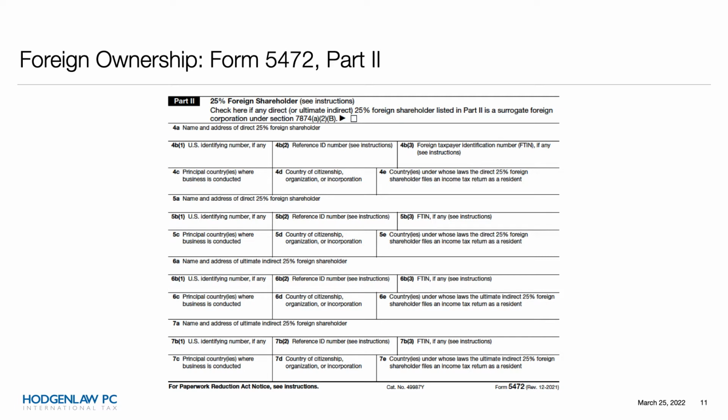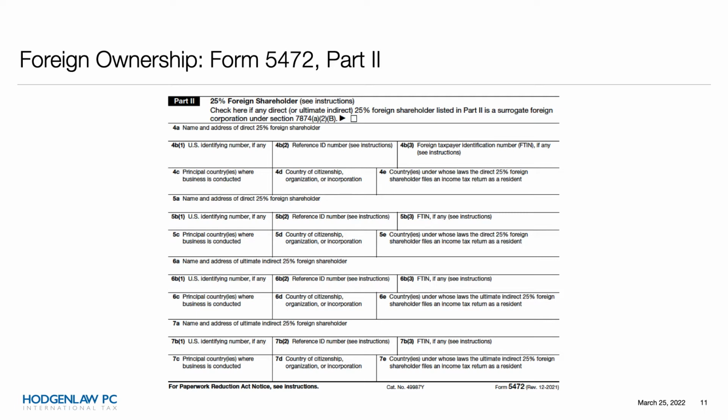And note here that they want to see the direct shareholder, namely whose name is on the share certificate of this reporting corporation, and they want to see the ultimate indirect shareholder. When you go all the way up the wedding cake of structure, whatever it is, where do you stop and who is that person? So they want complete transparency into the reporting corporation's life and ownership.